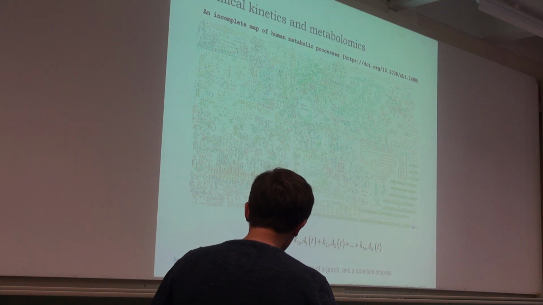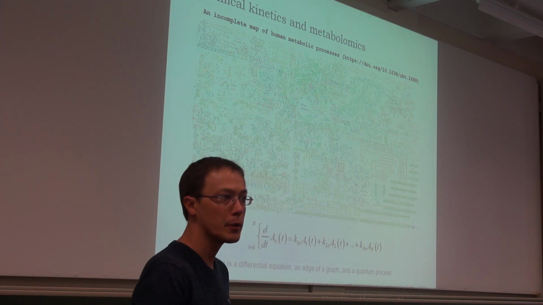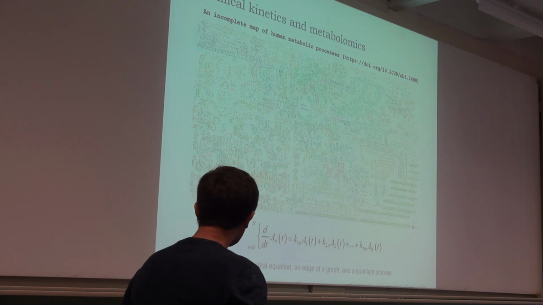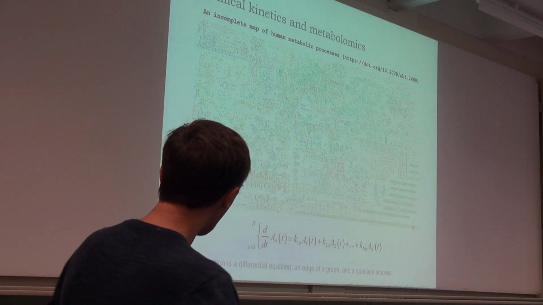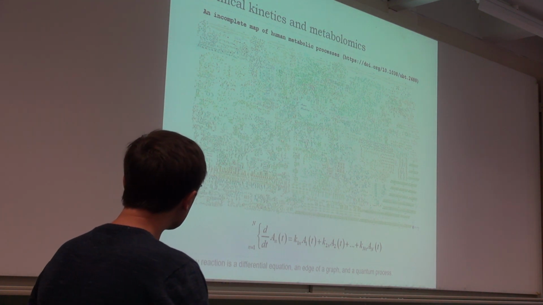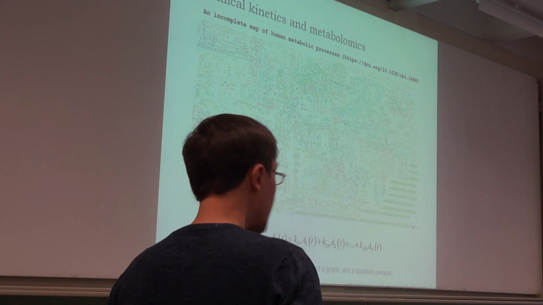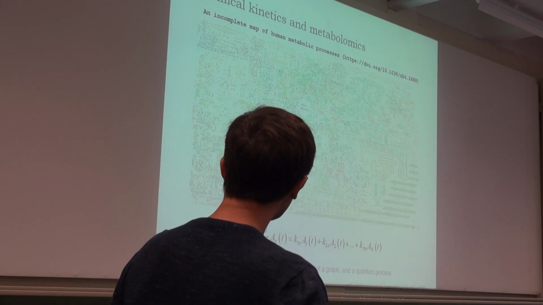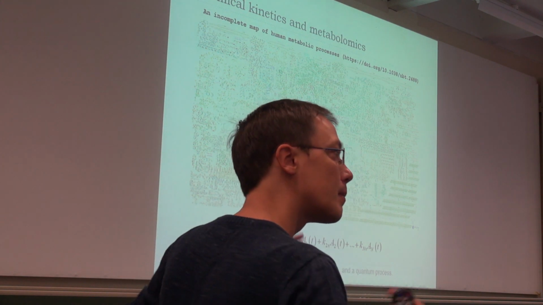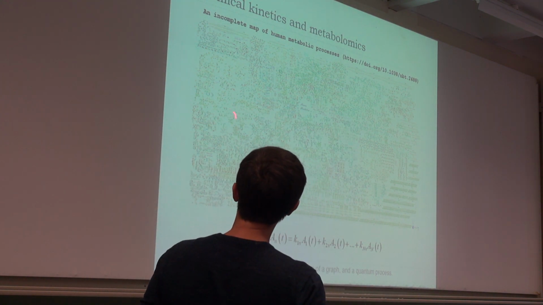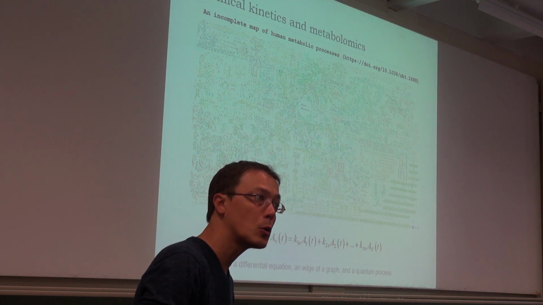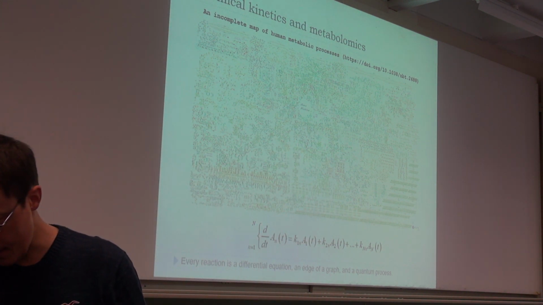And so to even start to model that, you need a supercomputer. It is impossible to do such things by hand. It is, however, the daily requirement of nutritional and metabolomic research. And every single reaction is such an equation. If you describe this graph as a mathematical object called a graph, then it's an edge, and of course every single reaction is some complicated quantum process that is happening there.